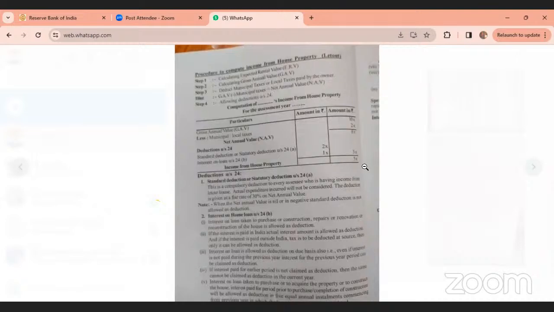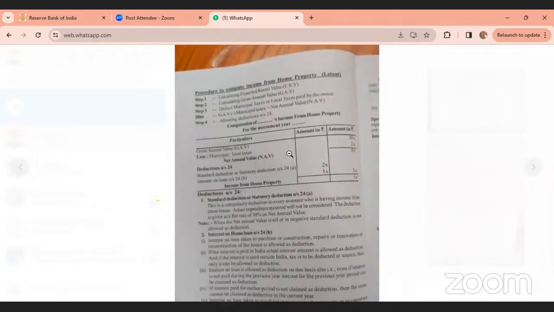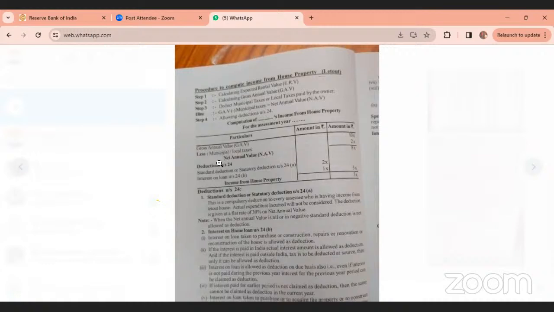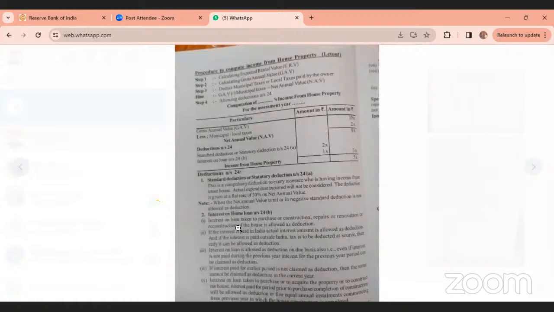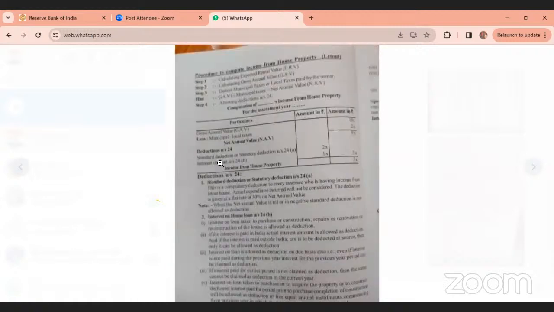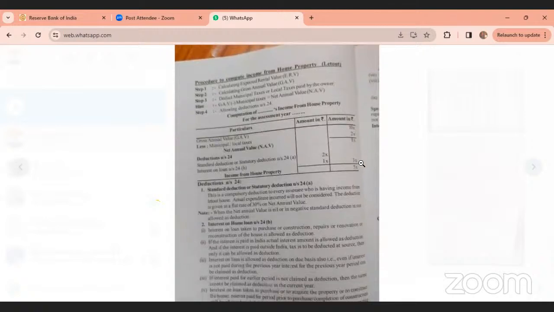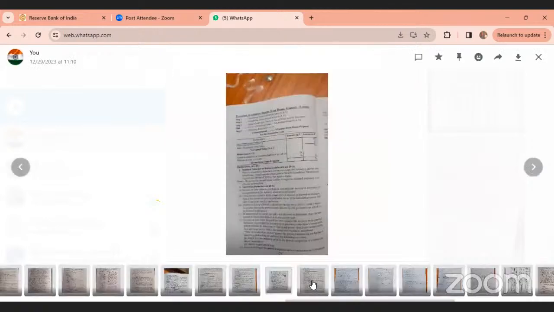This is very easy. Just concentrate on how to calculate gross annual value, the procedure for calculation of gross annual value, municipal tax, and interest on loan points. And standard deduction is only 30% on NAV. So it is easy to calculate income from house property.